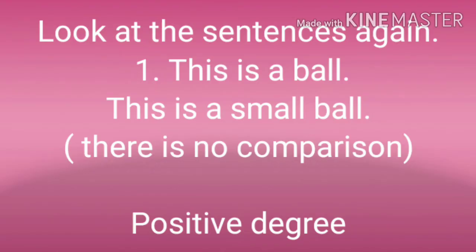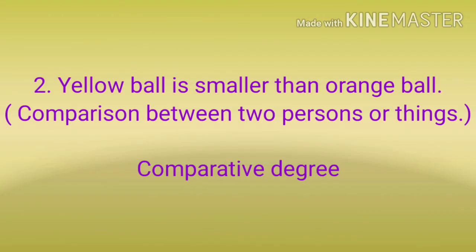In the first sentence, this is a ball. और इसमें हमने adjective किया, this is a small ball. Small is the adjective. Now, in the second, when we have compared 2 balls, then we have written this: yellow ball is smaller than orange ball.